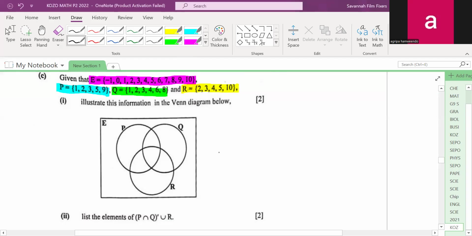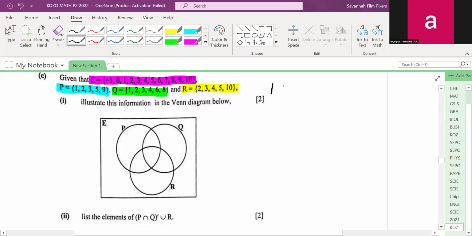It's best we start off by plugging what we have in the intersections. So we'll first find P intersection Q, then P intersection R, then finally Q intersection R.